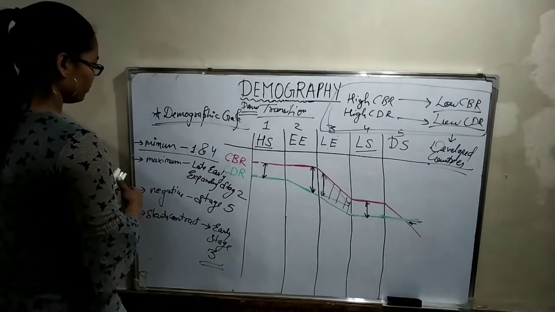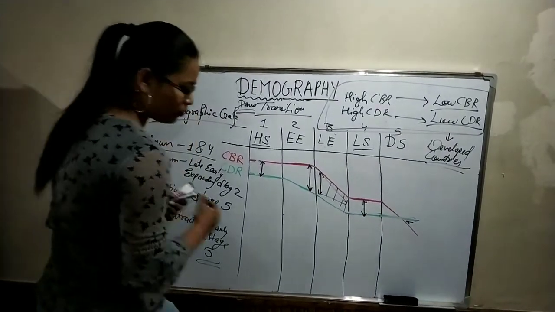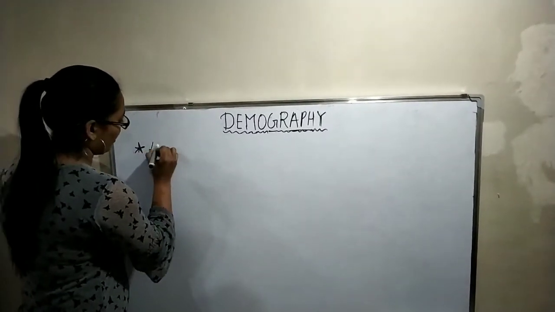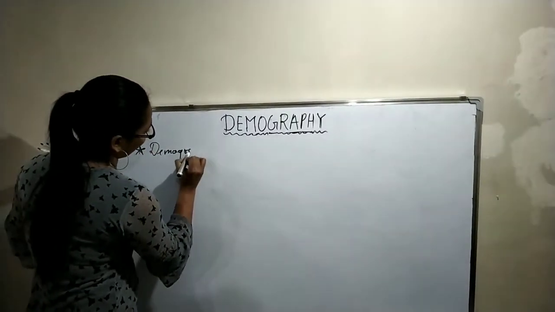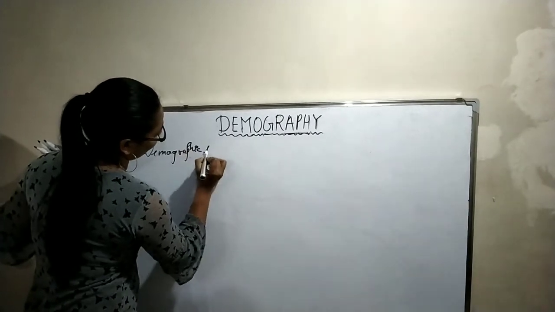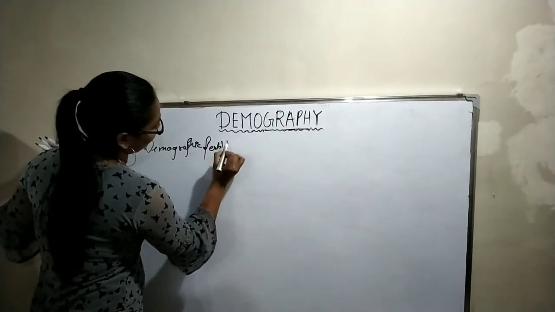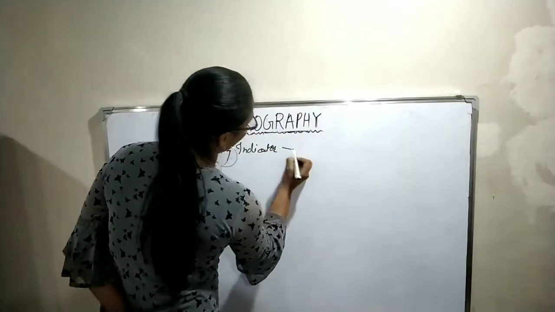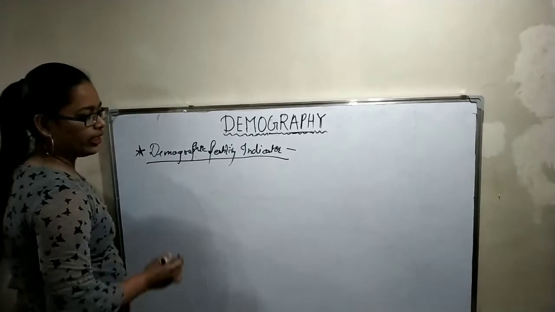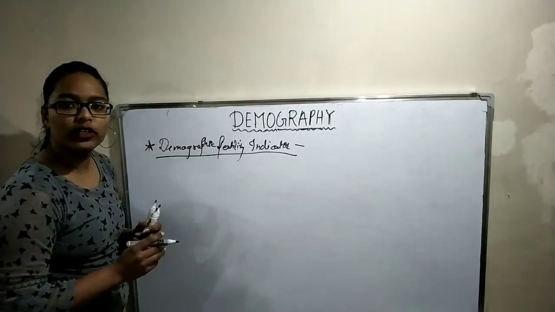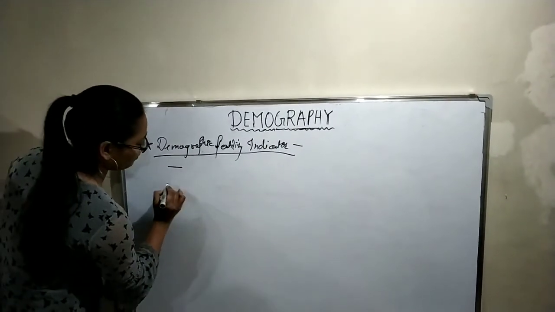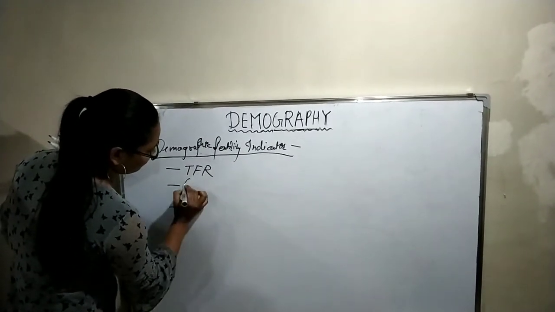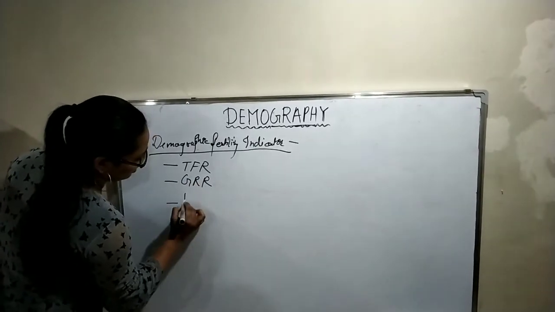Next. So now next is demographic fertility indicators. There are so many demographic fertility indicators, but we will talk about the main three, which are TFR, GRR, and NRR.